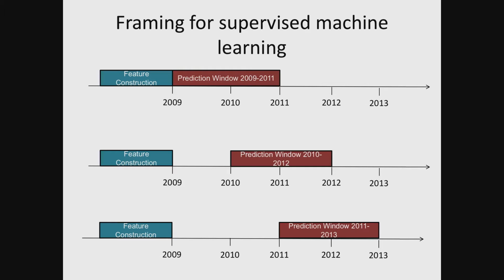And for each one of these, it asks, will the patient newly develop type 2 diabetes in that prediction window? So for example, for this prediction task, we're going to exclude patients who have developed type 2 diabetes between 2009 and 2011. And we're only going to count as positives patients who get newly diagnosed with type 2 diabetes between 2011 and 2013.